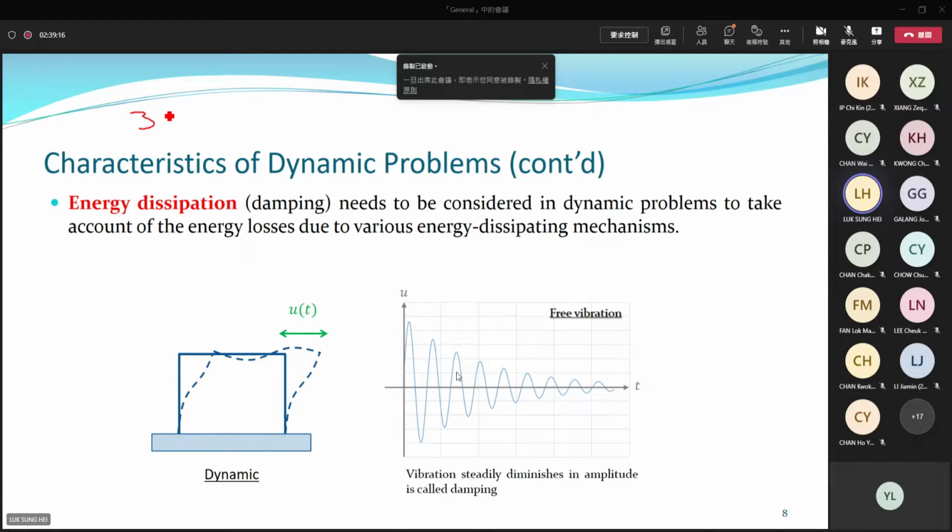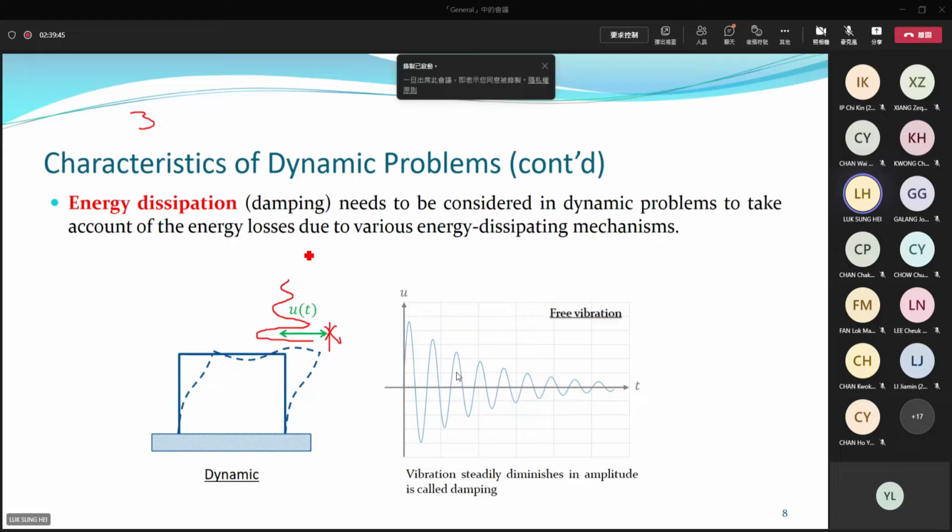Energy dissipation. In the past, in static problems, we also did not have this phenomenon. What about energy dissipation? Let me think about this scenario. If you allow the structure to displace horizontally, say here you first pull the structure to the right, and then you release the condition. The structure will oscillate back and forth.